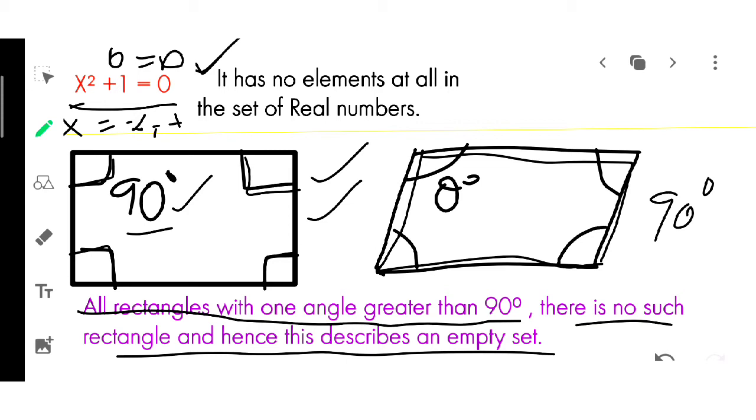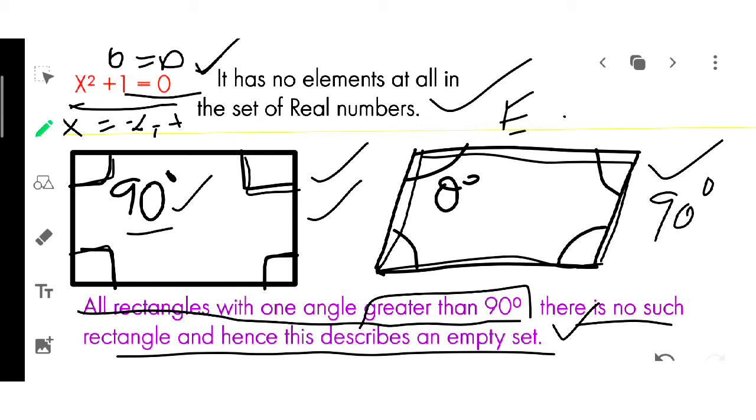It won't be more than 90 degrees. When it forms more than 90 degrees, then it will be a parallelogram. So we conclude that no rectangle will have an angle greater than 90 degrees. So in that case, the set is called an empty set. And in this case also, this equation has no values to solve the LHS and RHS question. So here also the set is empty, and this is also called a null set.